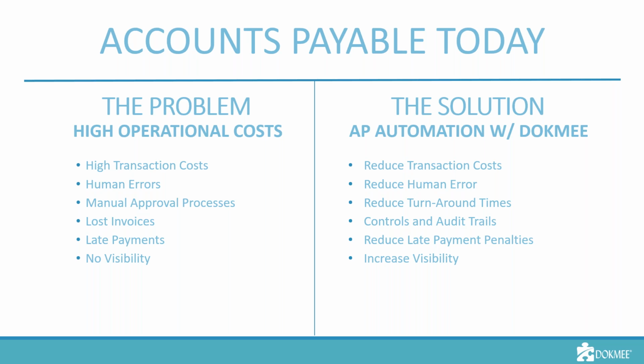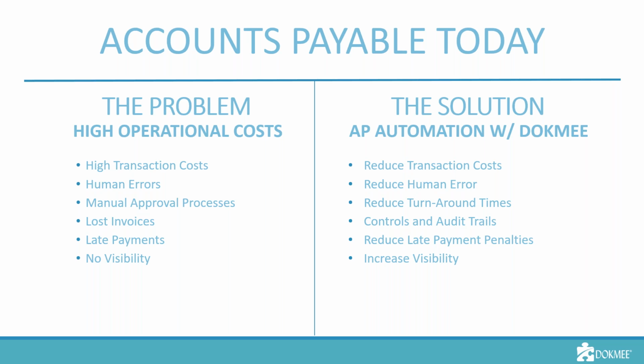So here is the good news. There is a solution. There's a better way. It's AP automation with Dokmee. With Dokmee, we can reduce these transaction costs. We eliminate the paper and reduce human errors. We have automatic approval automation, what it will do, it'll reduce turnaround times from weeks to days, even hours.